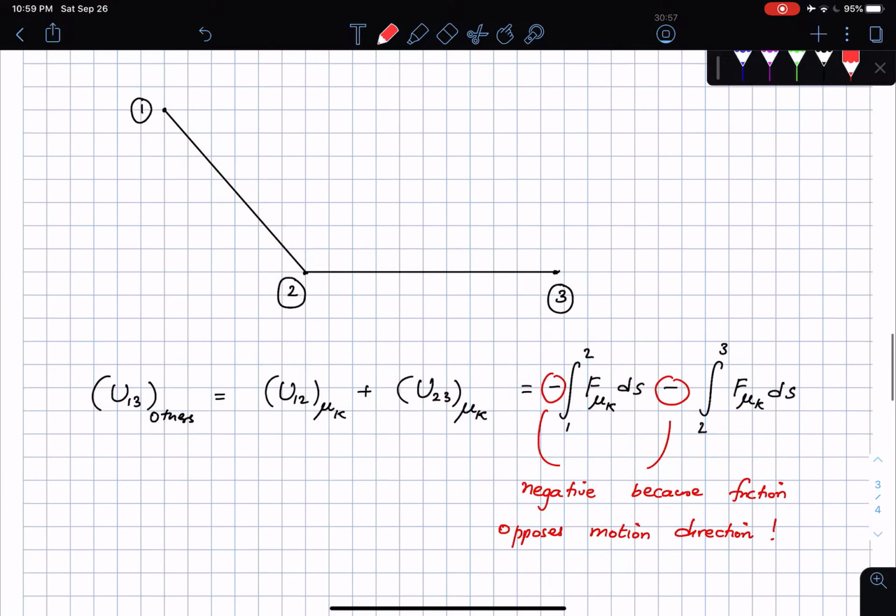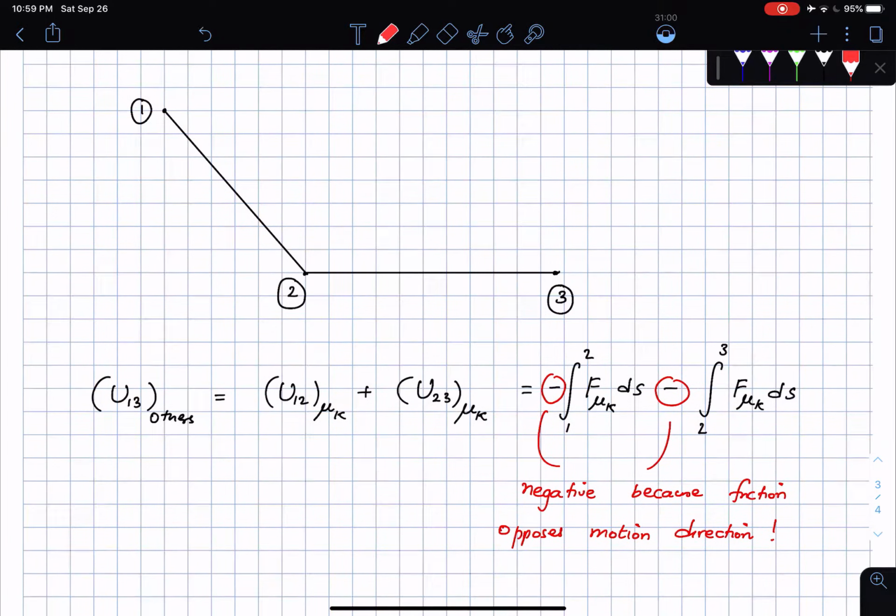Now, how do I find out this F mu k between position 1 and 2 and position 2 and 3? I draw a free body diagram. So here is the particle. What are the forces acting on this particle? The particle is trying to travel from 2 to 3, so there is going to be the weight of the particle, which is m times g. Then there is a normal force here, which I'm going to call N23. The particle is accelerating, right?